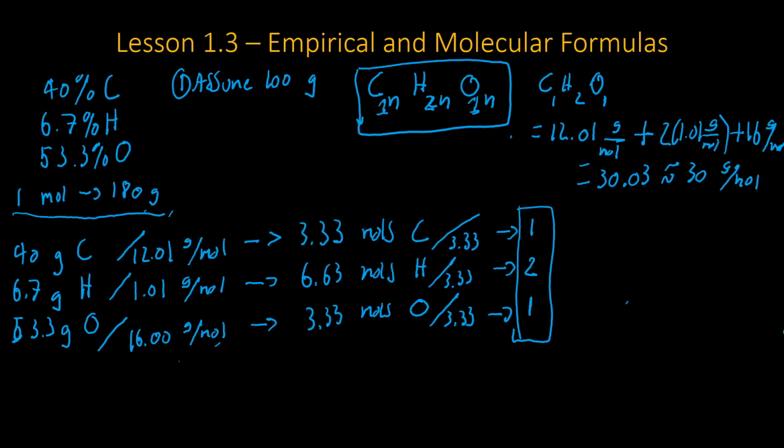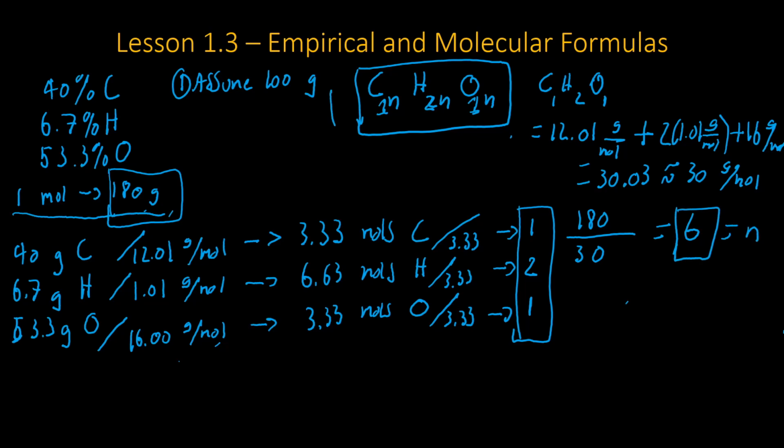Okay, what do we do with this value? Well, we also know that there's 180 grams per mole in 1 mole of my substance. If we take 180 grams and divide that by 30, we end up with 6. Well, 6 is the value for n.